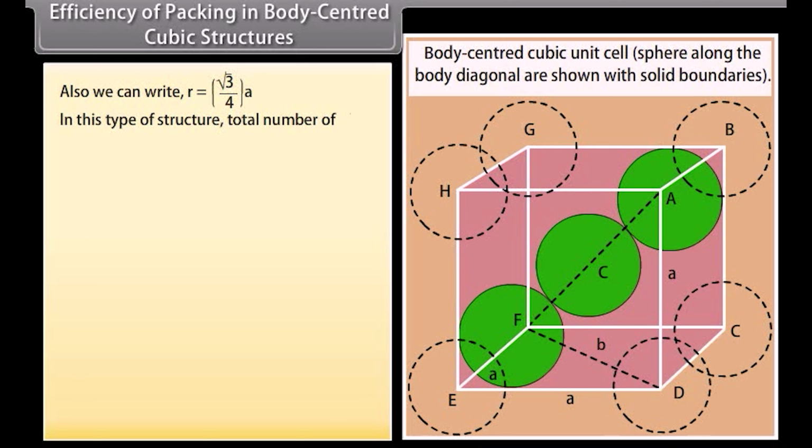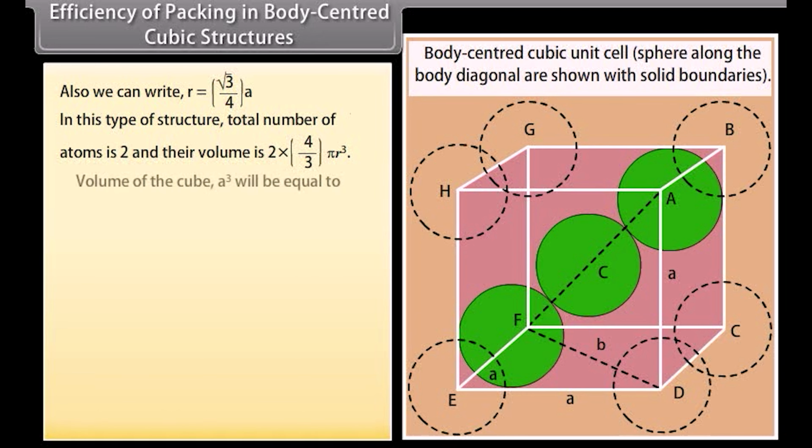In this type of structure, the total number of atoms is 2 and their volume is 2 × 4/3 πr³. Volume of the cube, a³, will be equal to (4/√3 r)³.